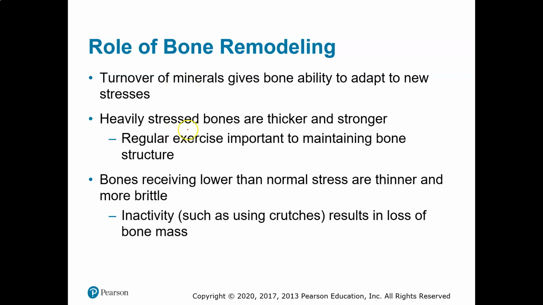Heavily stressed bones are thicker and stronger, so weight-bearing exercise, like walking, will help make your bones stronger and thicker. Bones that don't receive a lot of stress from exercise are thinner and more brittle.